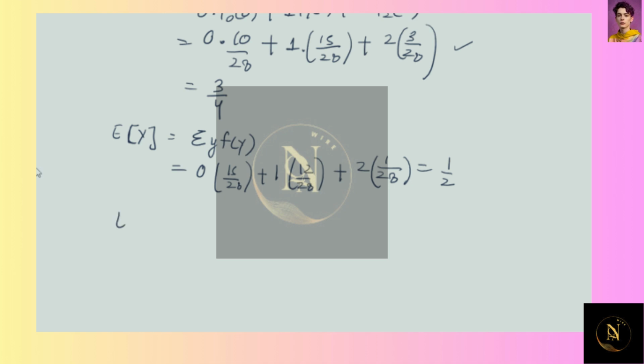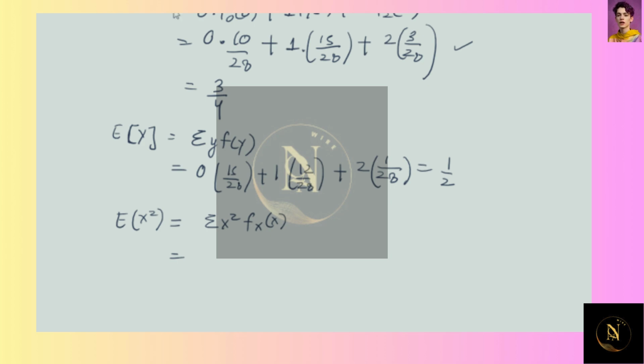For that we need to first find E of x square, and that would be equal to sigma of x square multiplied by f of x. So here everything is same, just x is converted to x square.